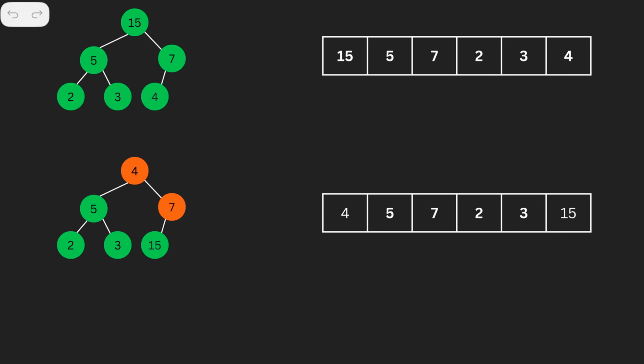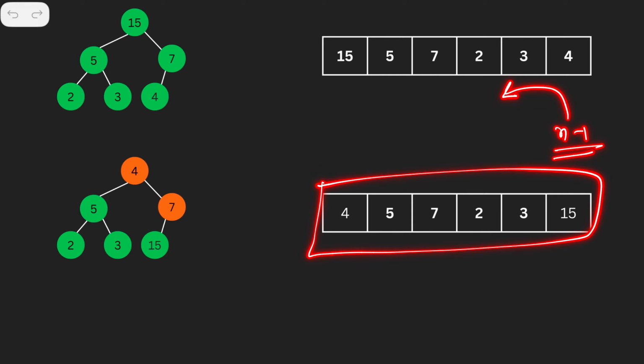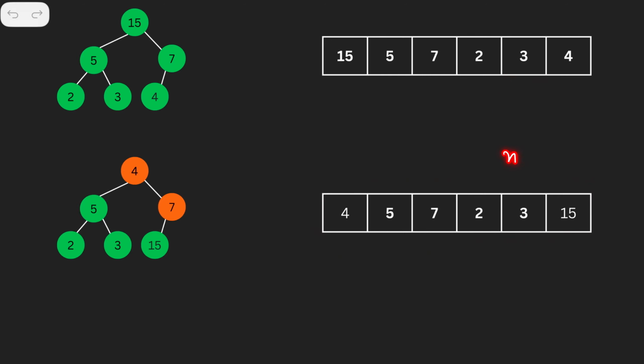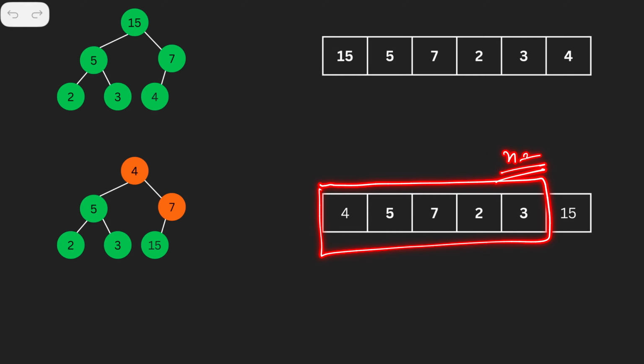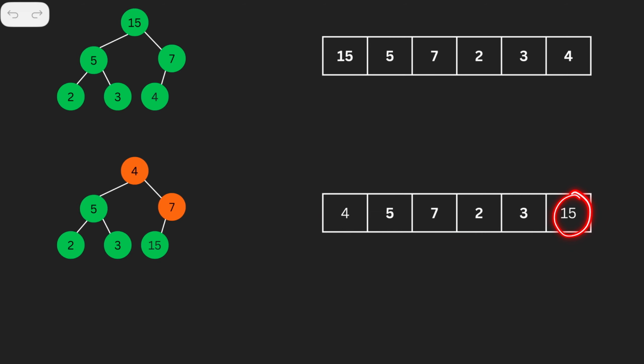So when we are heapifying this entire tree, we can pass n-2 to our heapify operation rather than passing n-1. If we pass n-1 to our heapify operation, this entire array will be heapified. But if we pass n-2, it will heapify only the first n-2 elements, because we know that 15 is placed on its correct position.